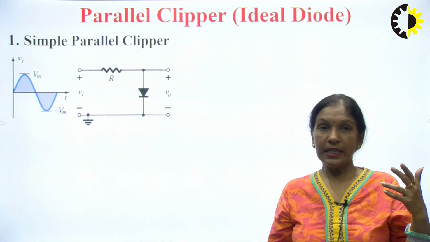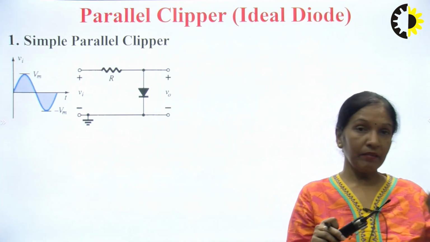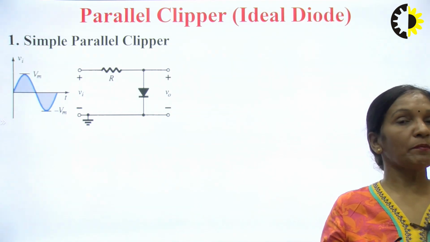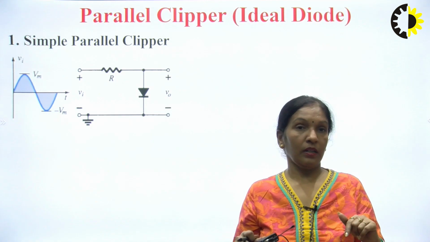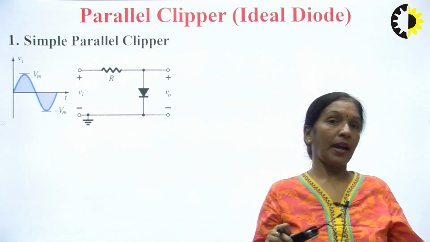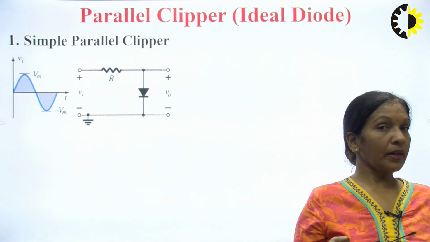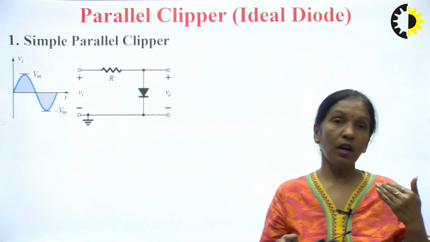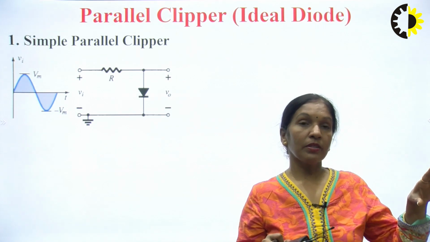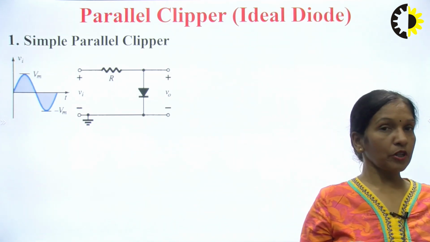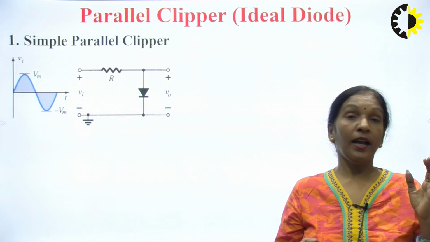Series clipper can be biased and unbiased, and it can be a negative or positive clipper, so it can remove a portion of the positive signal or a portion of the negative signal.